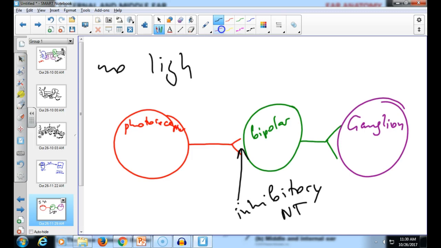Inhibitory neurotransmitter. What does it do to bipolar cell? In terms of polarization. Bipolar cell is hyperpolarized. No neurotransmitter, right? And there is light. What happens?